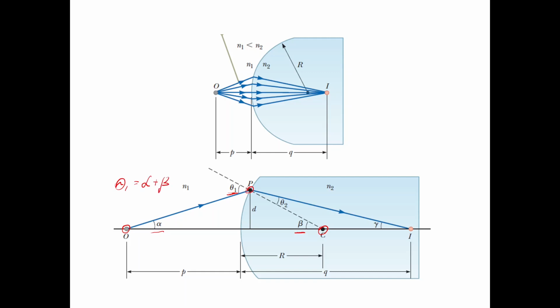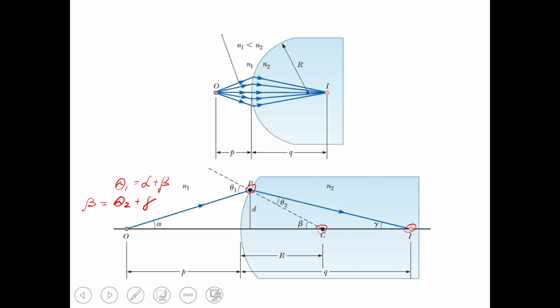So now let me delete this. We will consider another triangle. It will be PIC. The same story: we have θ2, γ, and β, where β can be expressed as the sum of θ2 plus γ. So we can now express θ2 from this second equation and substitute it in the refraction equation.